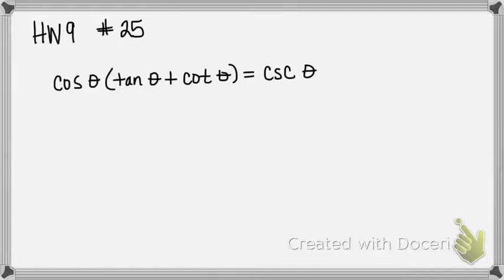And this kind of goes with what we just did, because we just added these together. So go ahead and do that part again. Add tangent plus cotangent, except now we're going to multiply that answer by cosine. So go ahead and work with this for a second, and then we'll work through it.